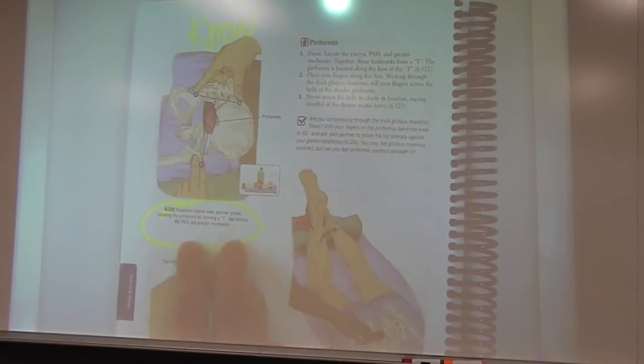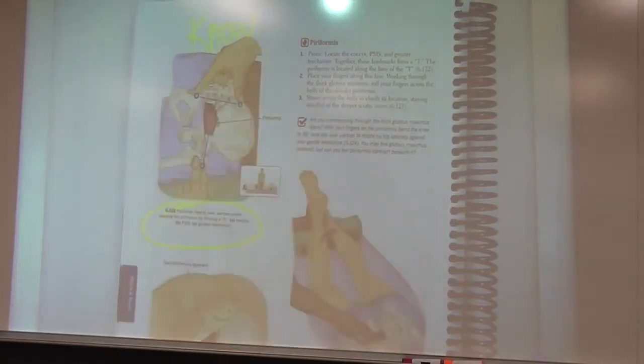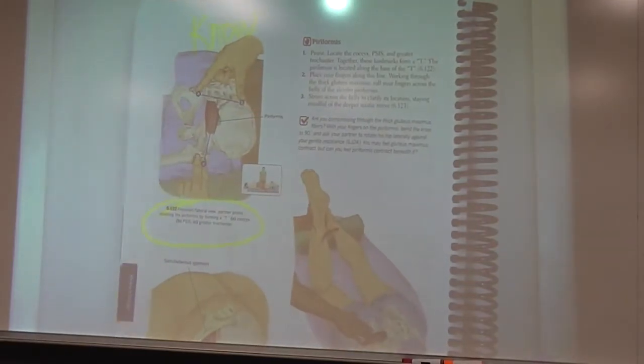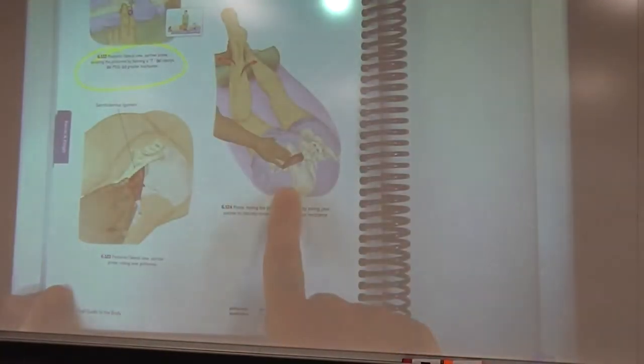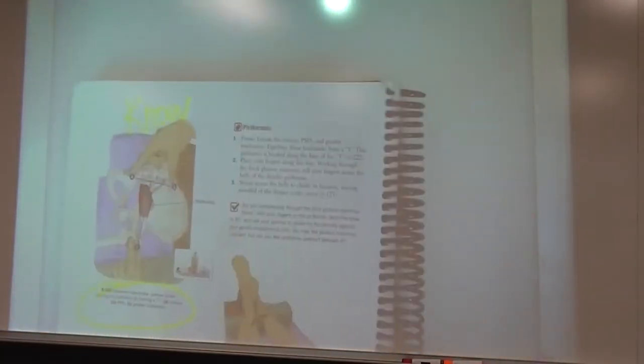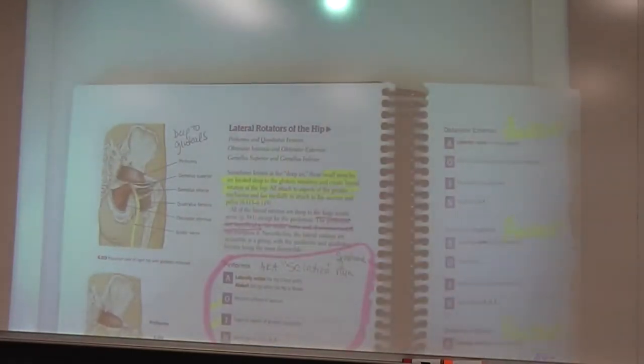Your communication is key and your professionalism, because it's the coccyx, posterior superior iliac spine, and the greater trochanter, which is exactly where your person's piriformis is going to be located. Yes, you might do this little action to make it happen, but sometimes it's not best to move the client just because of the pain or what they're experiencing.